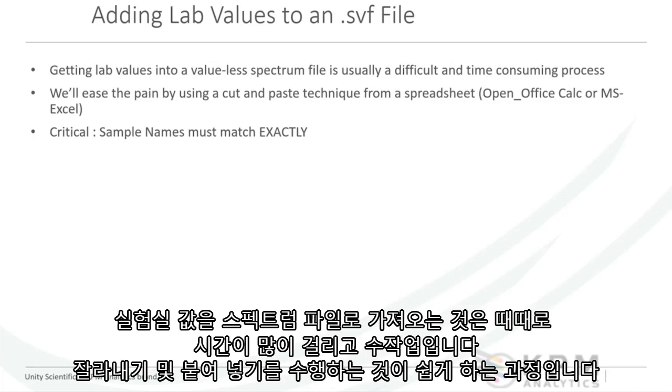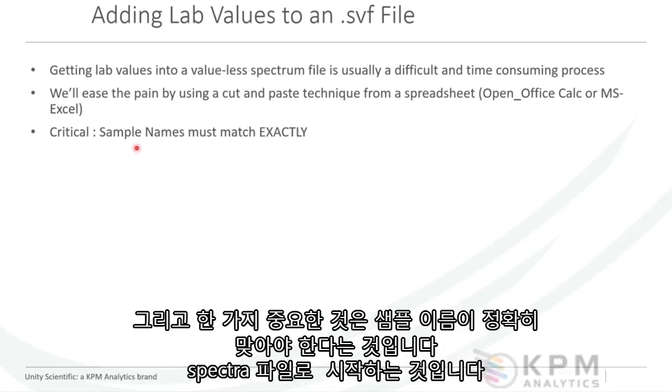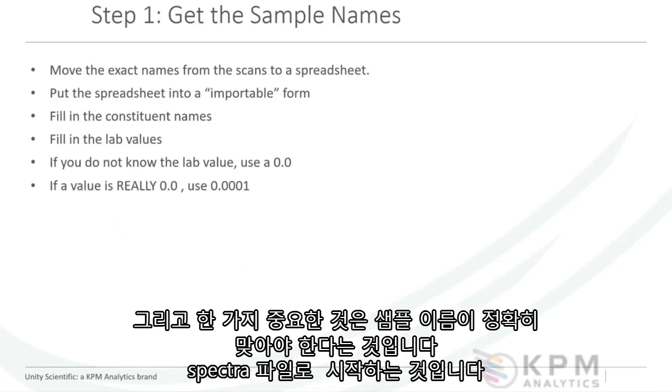Okay. Getting the lab values into a spectrum file is sometimes time consuming and it's a very manual process. We're going to make this a little bit easier just by doing a cut and paste. One thing that's important is the sample names must match completely. A way to make sure that happens is to start with your spectra file.